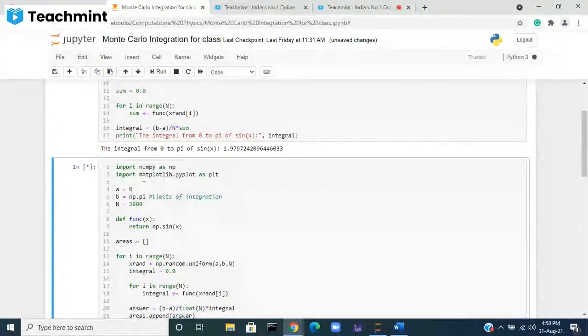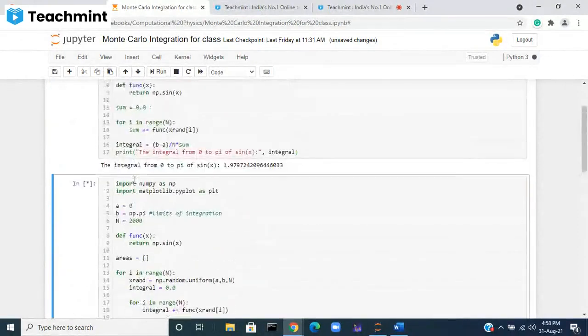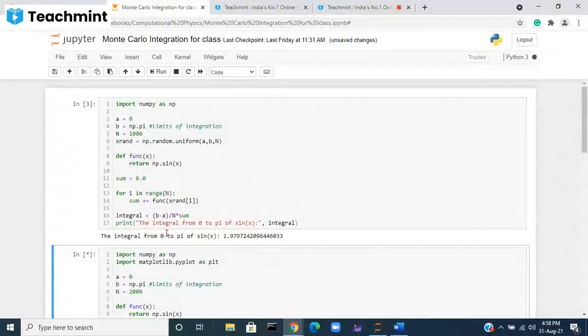If we repeat this calculation with 1,000 points, I get a different value, but still very close to 2.